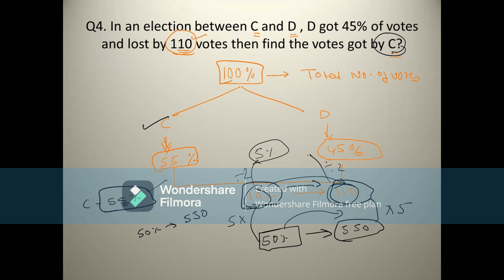If 110 is divided by 2, you will get 55. So the value of 5% will be 55. So the 50% value is 550 and the 5% value is 55. Add this 550 plus 55, you will get 605. So the value of 55% will be 605. So C got 605 votes.